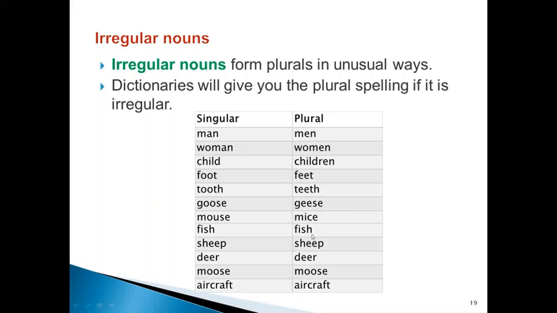Fish, fish. Sheep, sheep. Deer, one deer, two deer, not deers. Moose, moose. One aircraft, two aircraft, not aircrafts. It's wrong. We will not add s to aircraft. Just 3, 4, 5 aircraft, similar to the singular form. So just keep them in your mind.